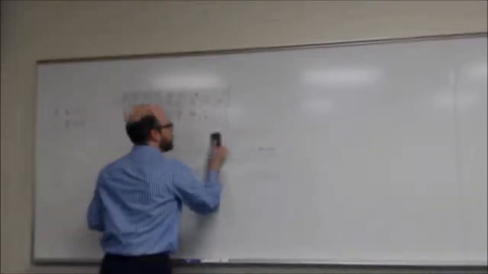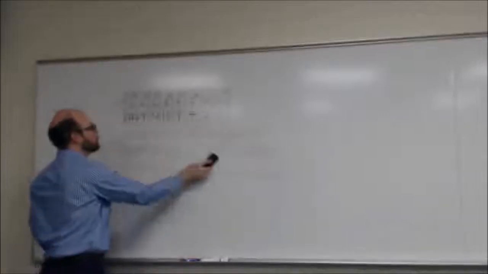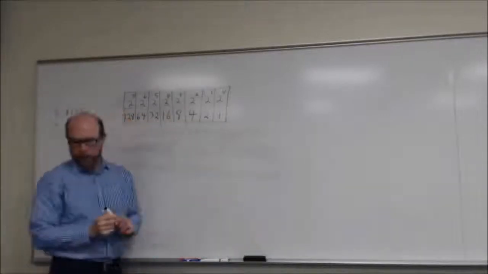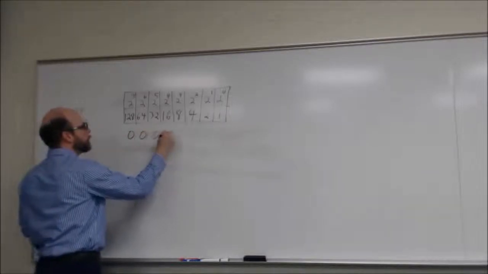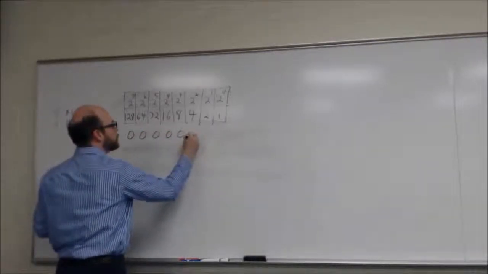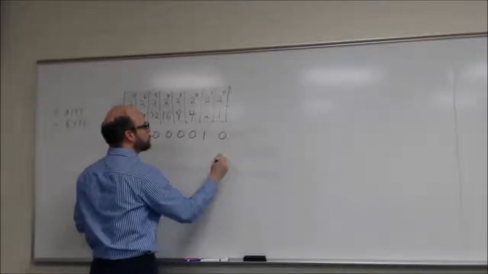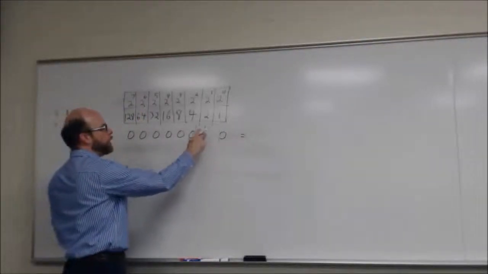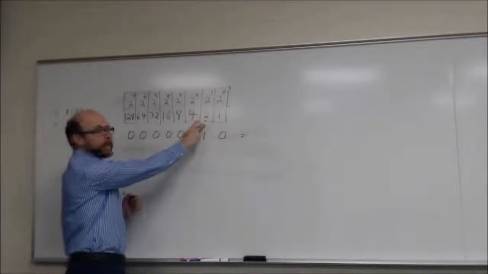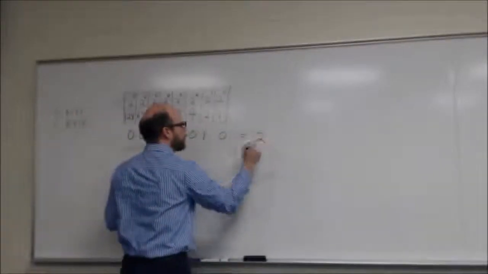So, for example, if I use this 0, 0, 0, 1, 0, since I only have a 1 in the 2-bit place value, then that number equals 2.